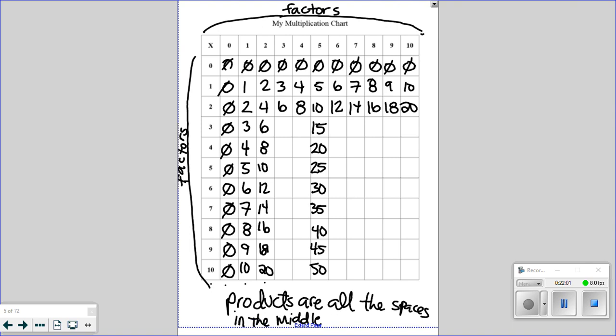Zach? Sideways. Why? Because you're just counting. Because it's the same thing. It's not the same thing. Why can I go sideways on my chart? Gia? Why can I go sideways on my chart?